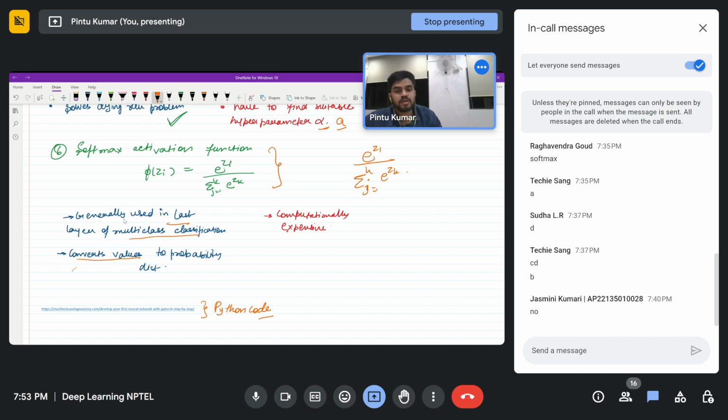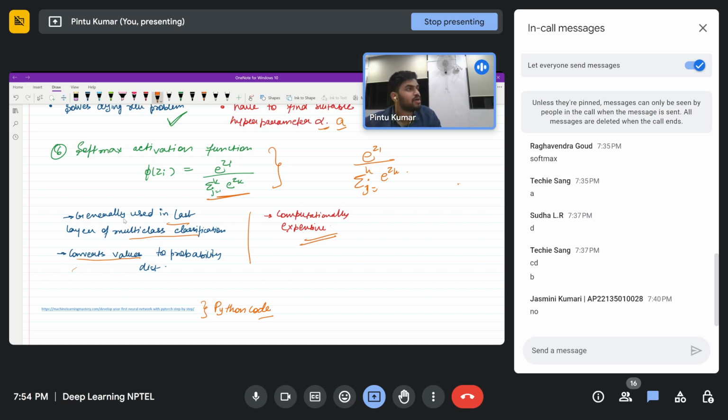The only disadvantage it has is that it is very computationally expensive. So let's say if you want to look at the MNIST dataset where you have many output classes, then the denominator calculation becomes computationally expensive. So this is one disadvantage that this has.